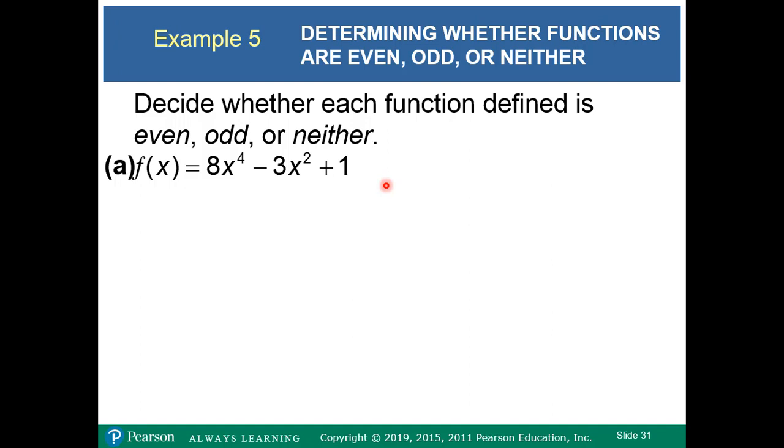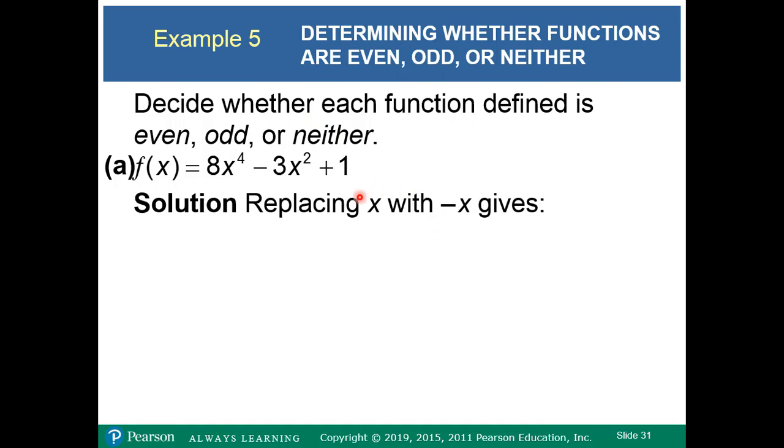So now let's decide whether this function is even, odd, or neither. Okay? So right away I can see that this is going to be an even function. And I'll show you in a minute. But let's prove it. Okay?